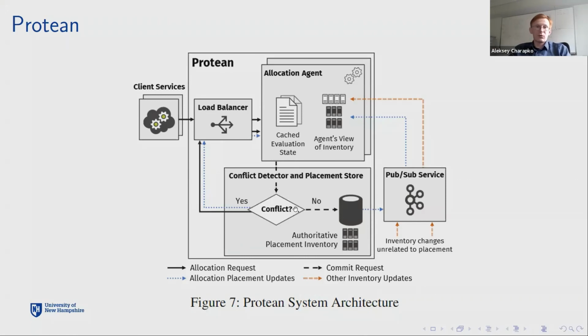Sometimes the conflict can be resolved and go through as a happy path, saves data into the placement store, which then pushes stuff into the publish subscribe system that feeds back into the allocation agent that can update its cache. So this is the mechanism of how the cache is being updated.